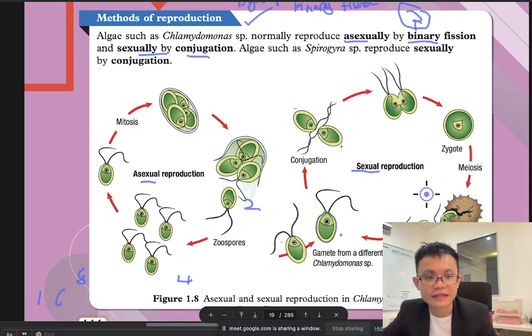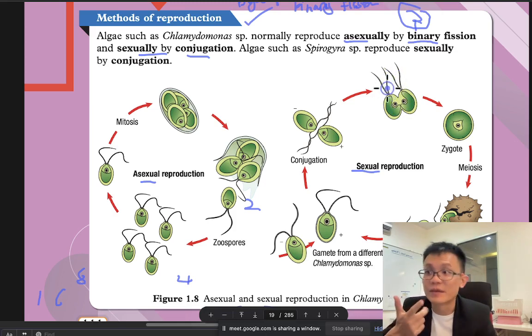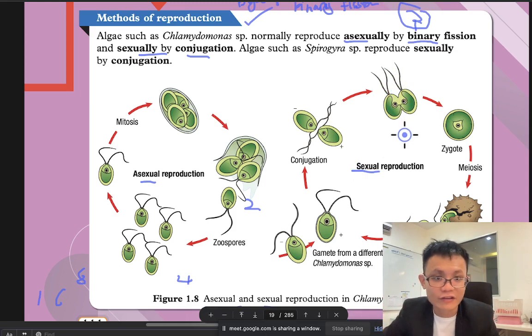Sexual reproduction, you can see sexual means you need male and female, but we don't really say it's male and female, but they are going to combine. So 1 and 2 add together, they continue to stick together and form a zygote.